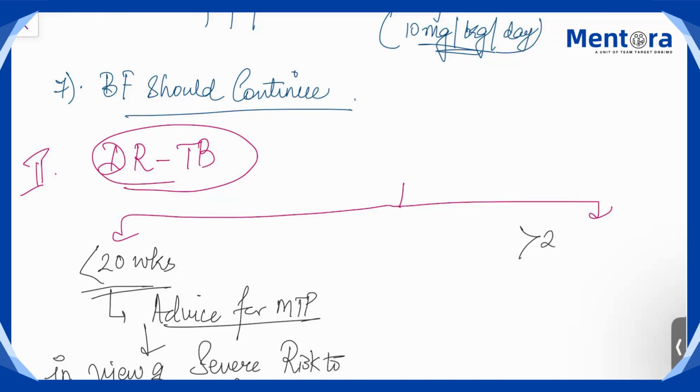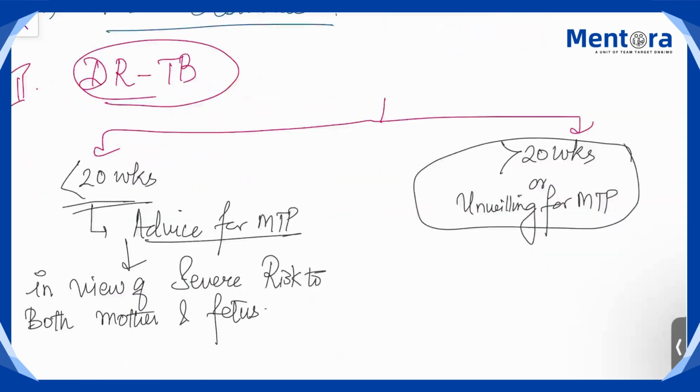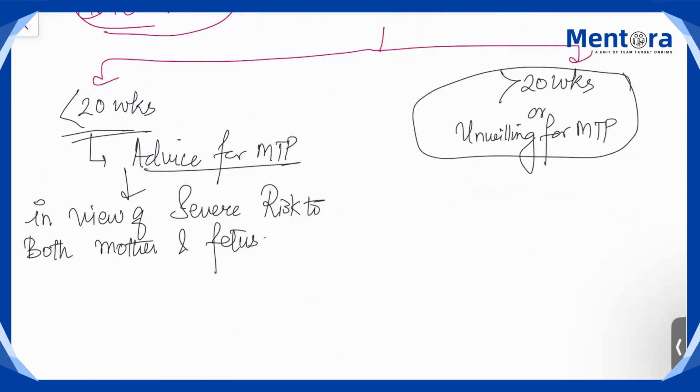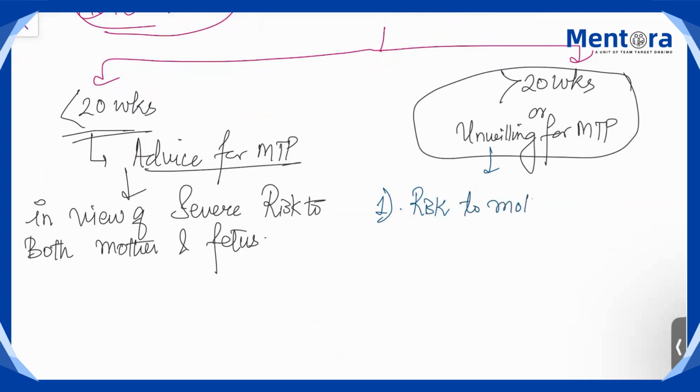If it is more than 20 weeks or the patient is unwilling for MTP, they are not willing for MTP. So now you have to act smartly. So first of all, you have to explain the risk to mother and the fetus clearly.